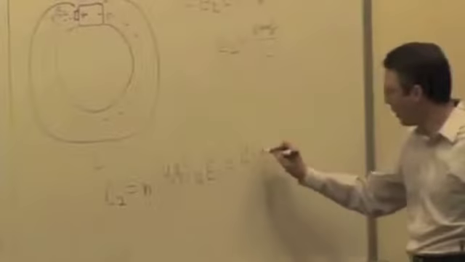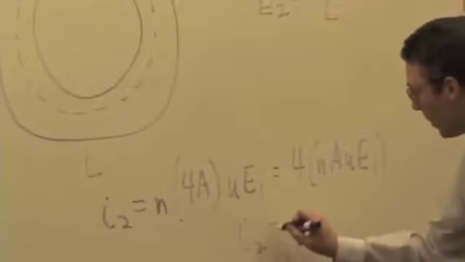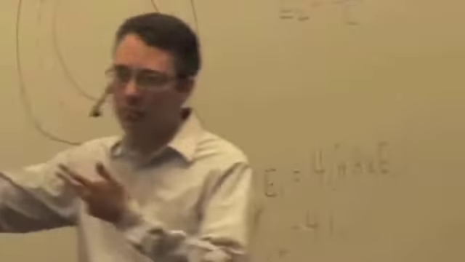And so we have 4 times N A u E1. So I2 is 4 times I1, but I1 is 1/4 of I2. So be careful which one they're asking for.